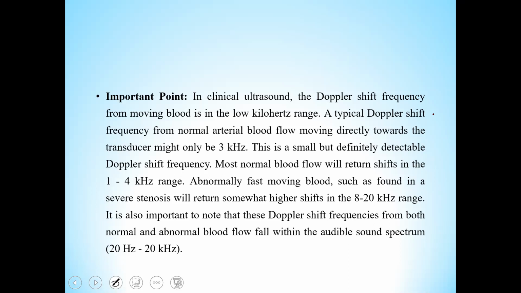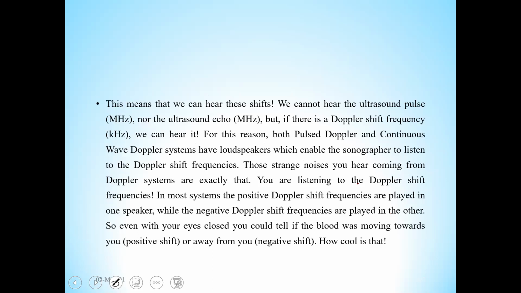It is also important to note that these Doppler shift frequencies from both normal and abnormal blood flow fall within the audible sound spectrum, 20 hertz to 20 kilohertz, so that will be heard by humans. This means that we can hear these Doppler shifts.